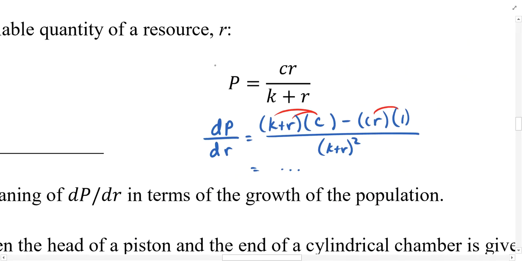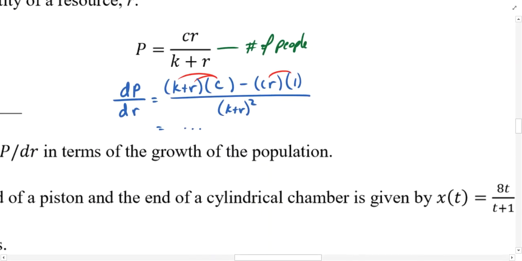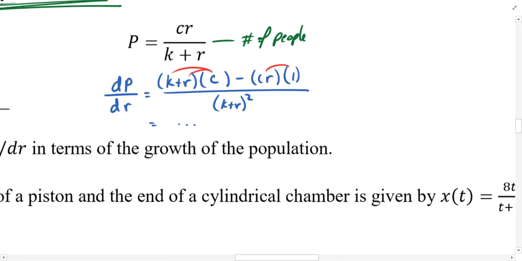Well, let's remind ourselves that P stands for population. So population is going to be the number of, say, people, if we're talking about a population of people. This could be a population of fruit flies for all we care, but it's a population. So let's just say number of people for this particular case. This is not a growth curve based on time, but it's based on the amount of resources that we have.